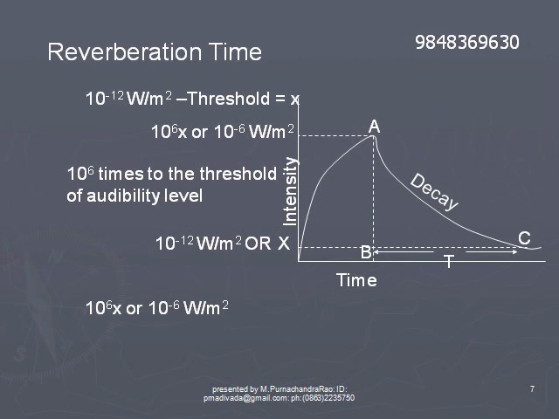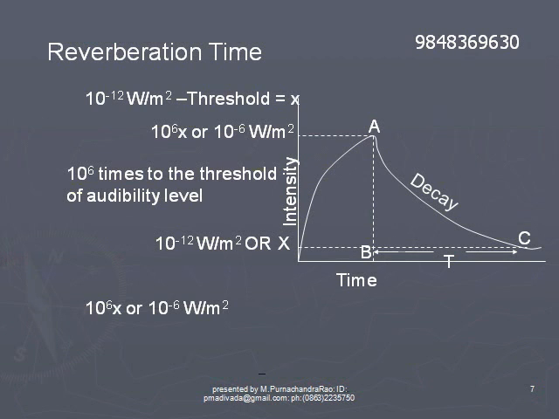That is, if the threshold of audibility is x, then the initial intensity should be 10 to the power of 6 x, or it is 10 to the power of minus 6 watts per meter square. That should be the initial intensity. From that intensity, the sound slowly decreases and comes to the threshold of audibility, 10 to the power of minus 12 watts per meter square.